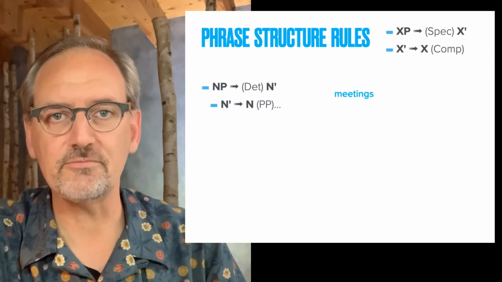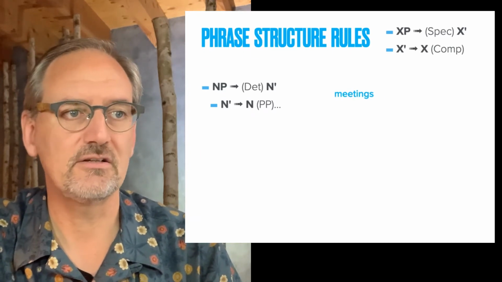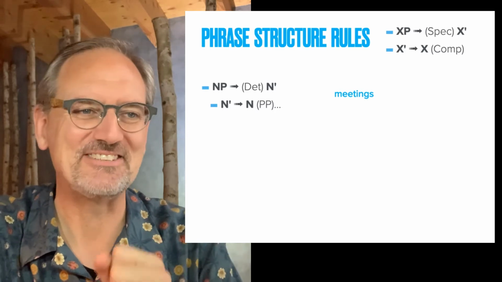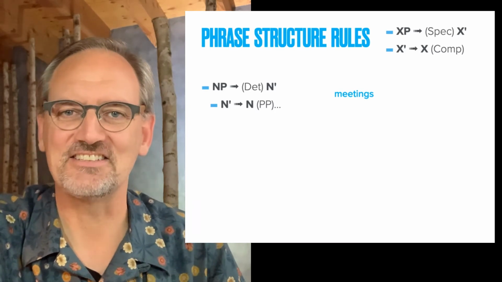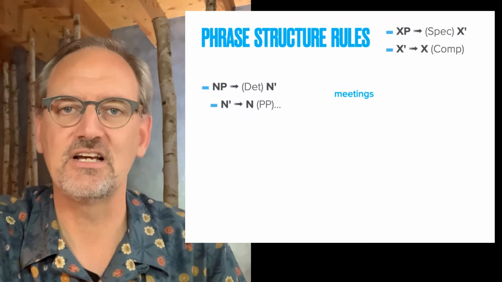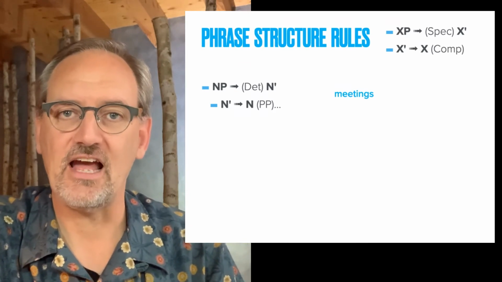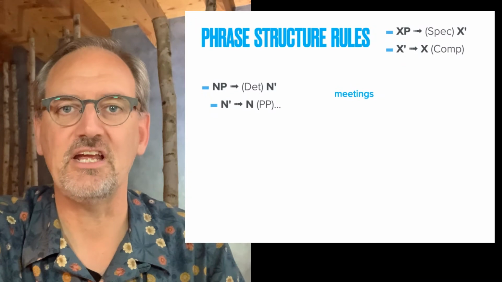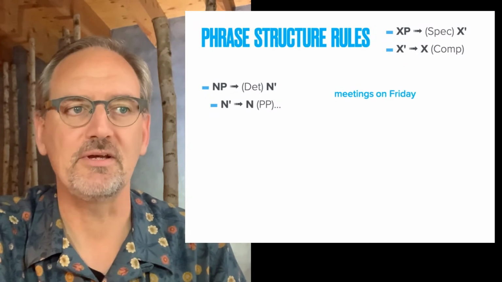In the case of the verb phrase, verbs can... let me have an example, right? So take, for example, the word meetings. Meetings is a noun. It's a plural noun. I can then add additional meaning by adding a complement, right?